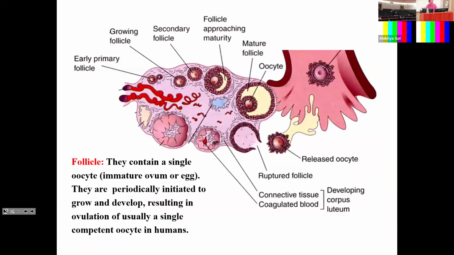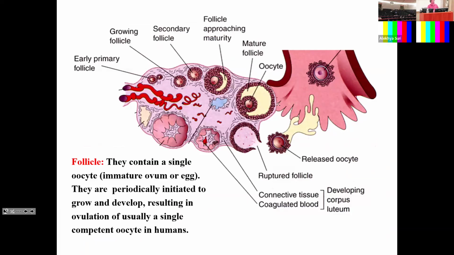This is a magnification. In a schematic, you have an early primary follicle that matures and grows in size. The oocyte is a giant cell. It's very big, okay? But the rest of the follicle needs to mature, and that is done by estrogen.